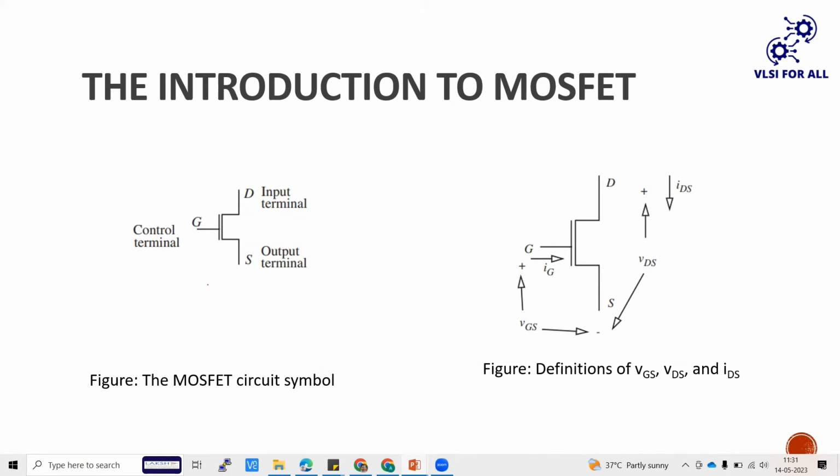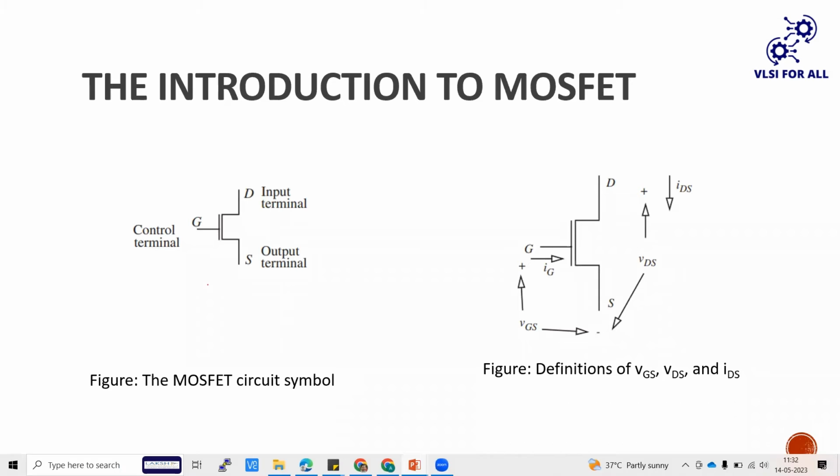Now let's continue. Guys, you can see on the left hand side the MOSFET circuit symbol, and on the right hand side various operating voltages and currents. There is a gate current, a gate to source voltage VGS, a drain to source voltage VDS, and a current from drain to source IDS or ID. Guys, hope you know in MOSFET there is a silicon dioxide which acts like an insulator.